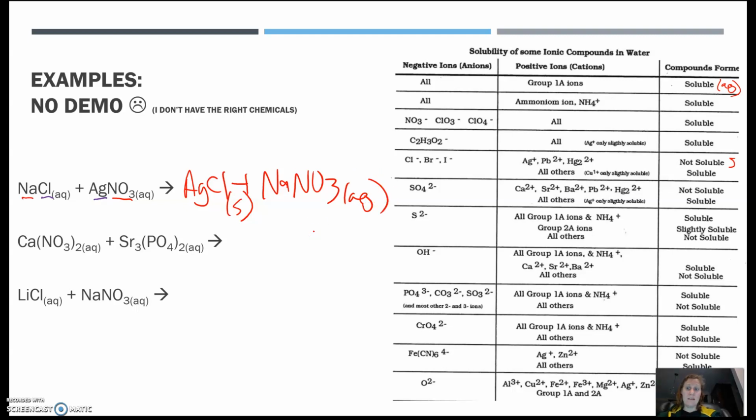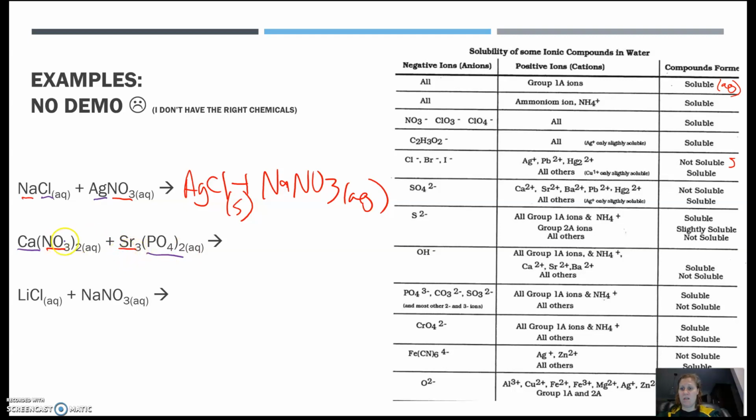It'll react. You can look at whether they're going to form products first, or you can just write the products and then check. But I'll tell you right now, I'll do the same color thing. NO3 and Sr, and PO4 and Ca, they do go metal first in the order. But NO3s are soluble with everything. It's never ever going to be a solid, so you could just ignore that.